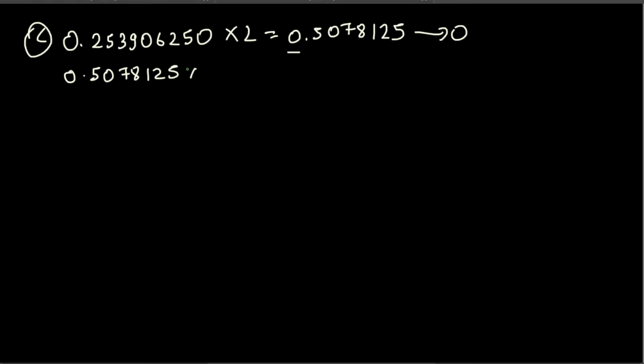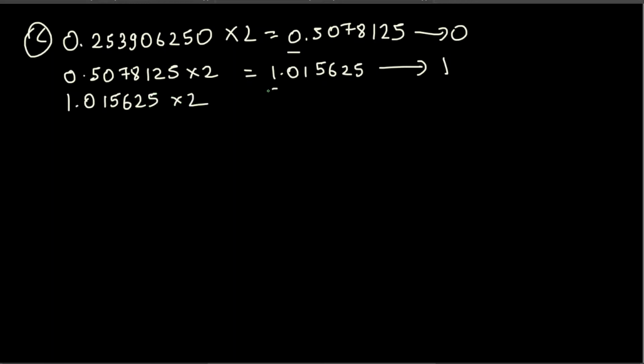Then 0.5078125 multiplied by 2 gives us 1.015625. That's 1 right here. And then 1.015625 multiplied by 2, no, I have to check only the fractional part.